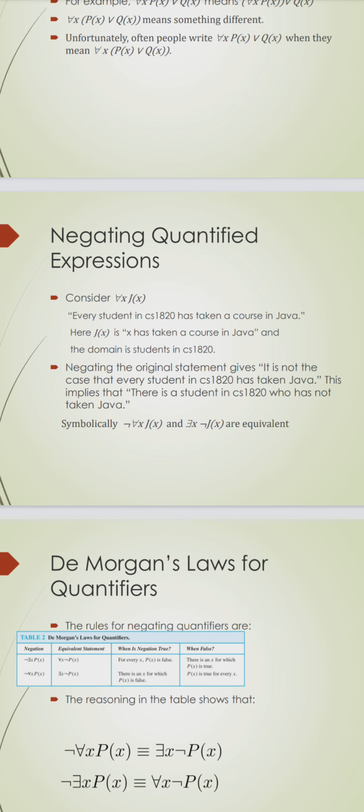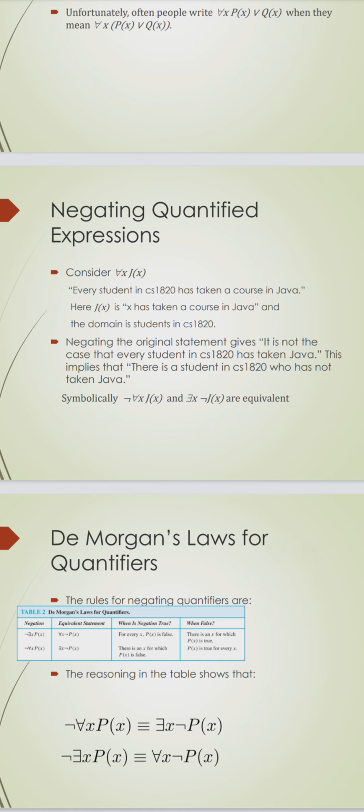Negating the original statement gives: it is not the case that every student in CS 1820 has taken Java. This implies that there is a student in CS 1820 who has not taken Java. Symbolically, we write the negation of for all x j of x, where j of x means Java, as there exists x negation j of x.